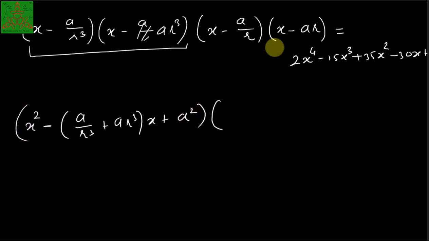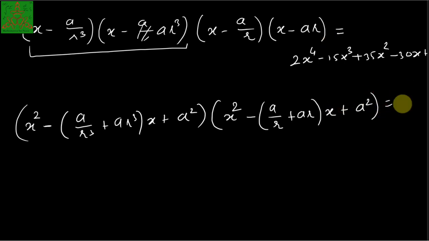And when you do the product of these two, it gives you x square minus a by r plus ar x plus a square, that is equal to this equation. Now the value of a square we already have, which we calculated in the previous slide, that is 2.